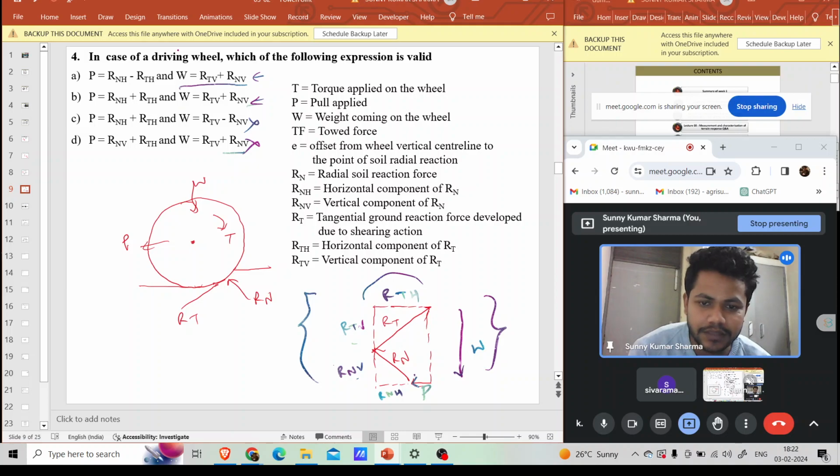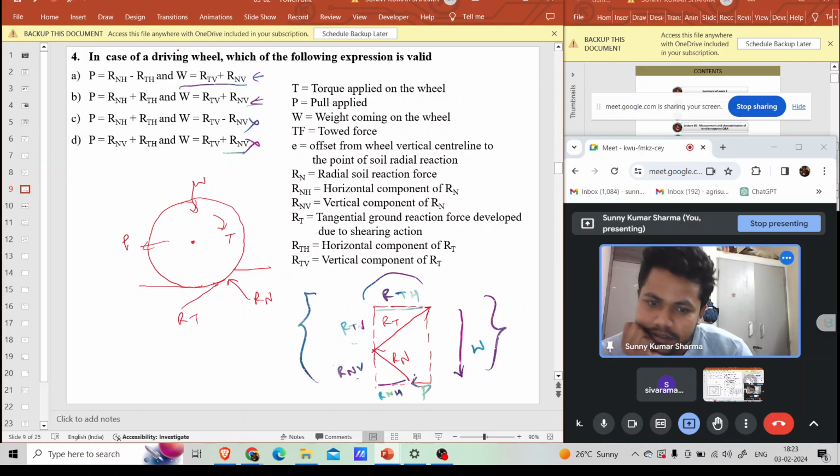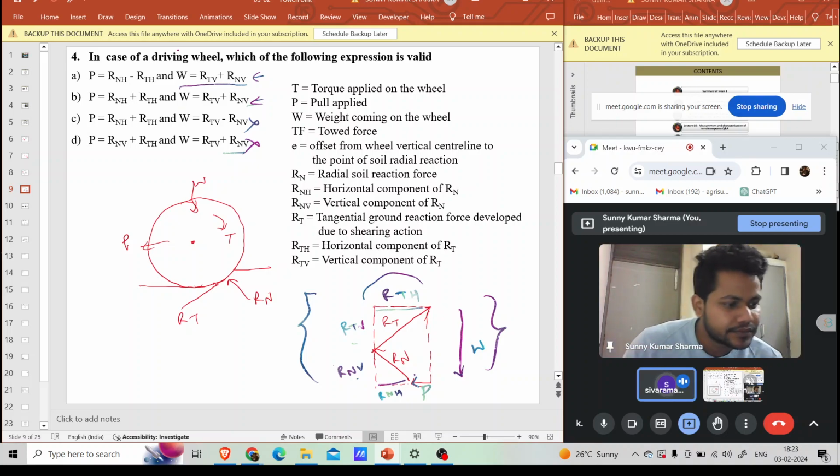So this pull is nothing but RTH minus RNH. Yes, option A is correct, sir.